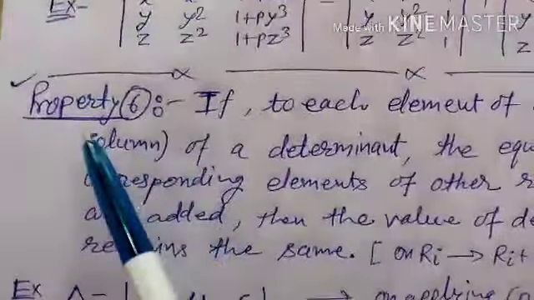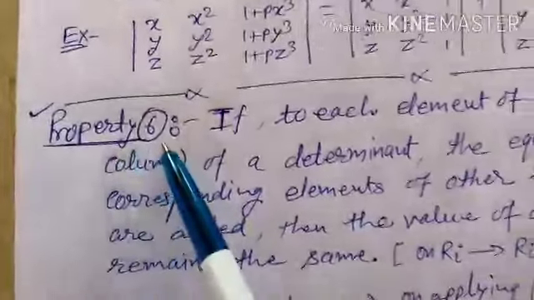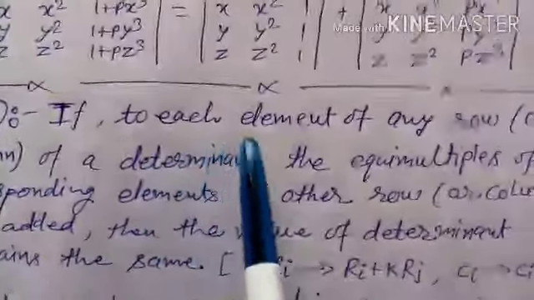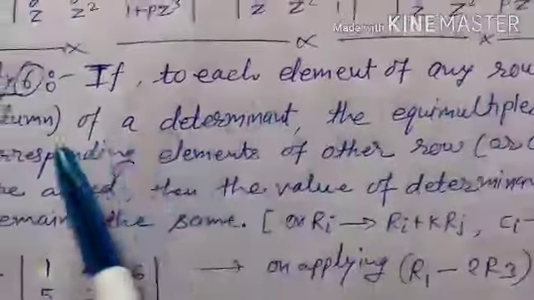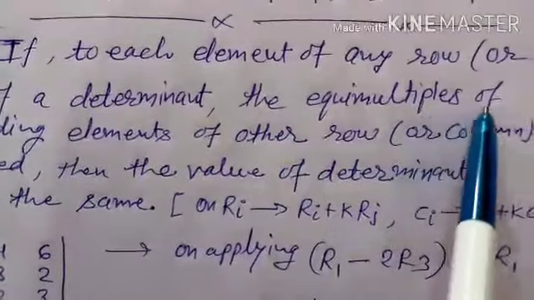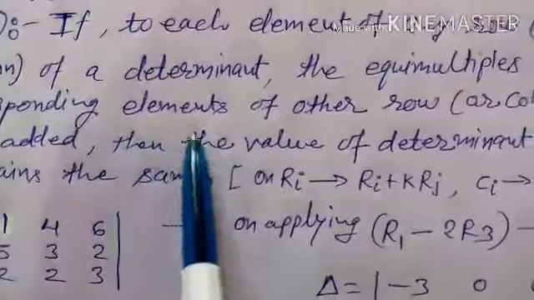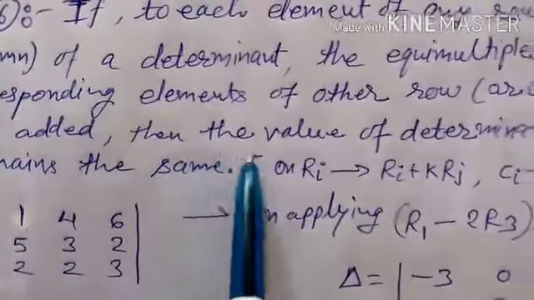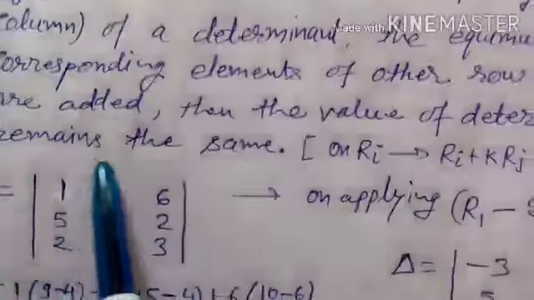Now the most important property, that is property number 6. If to each element of any row or any column of a determinant, the equimultiples of corresponding elements of another row or column are added, then the value of the determinant remains same.